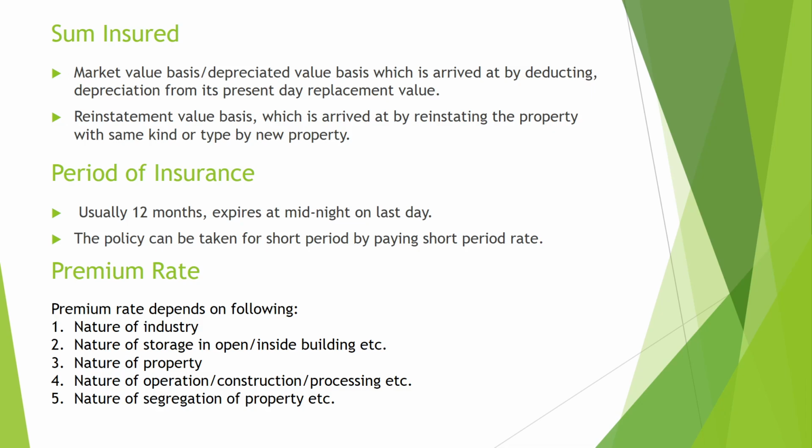Sum insured, we can calculate by two methods. First is market value basis or depreciated value basis, which is arrived at by deducting depreciation from its present day replacement value. In insurance we do not pay for the original price, we pay for present day replacement.